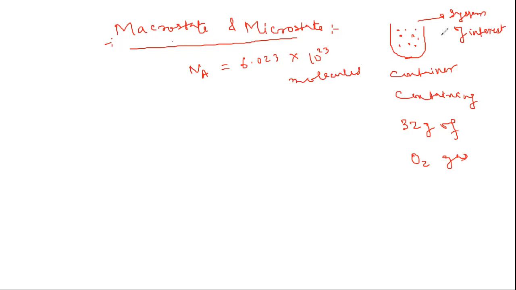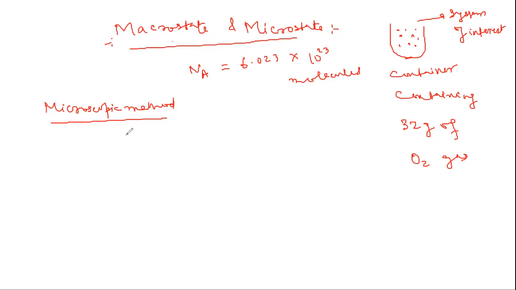So if you want to give the description of the system in microscopic terms, that's called using the microscopic method. So what is the microscopic method? Microscopic method means you use the laws of mechanics to find the trajectories of all the particles.